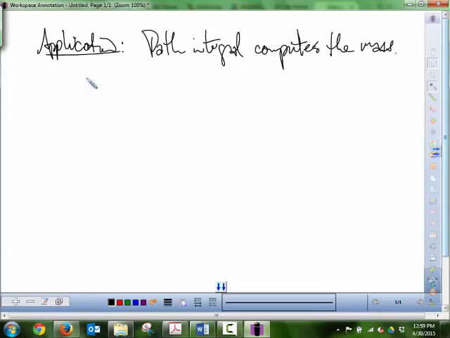Suppose we use rho for density. So rho of x, y is some function.